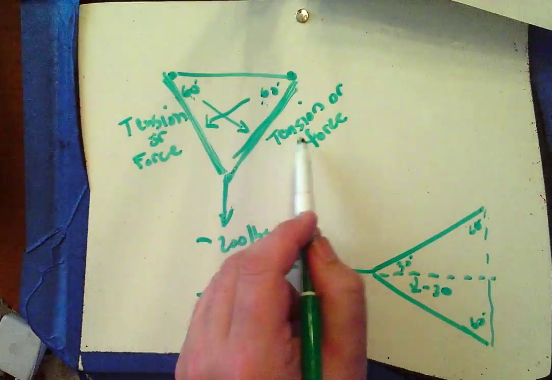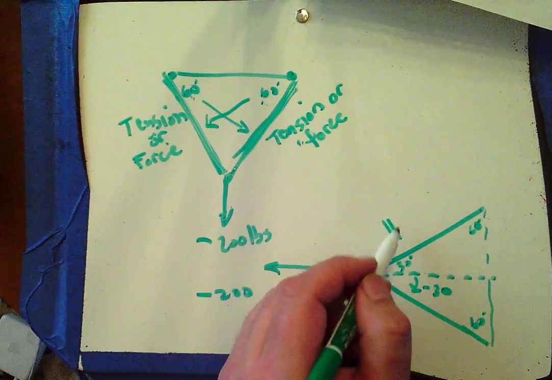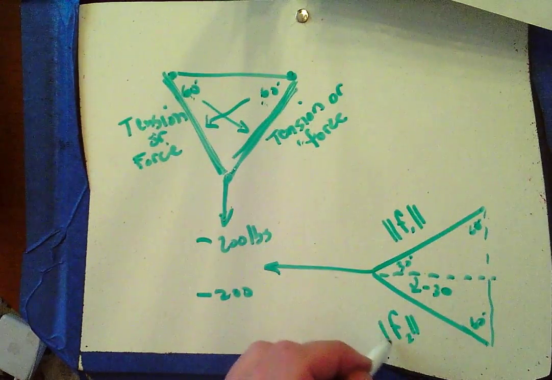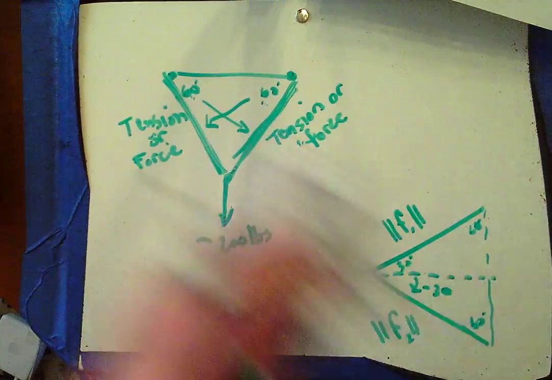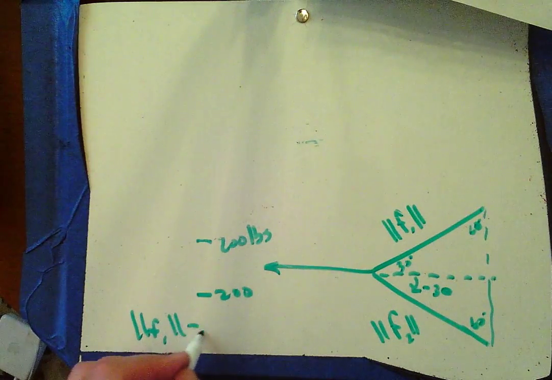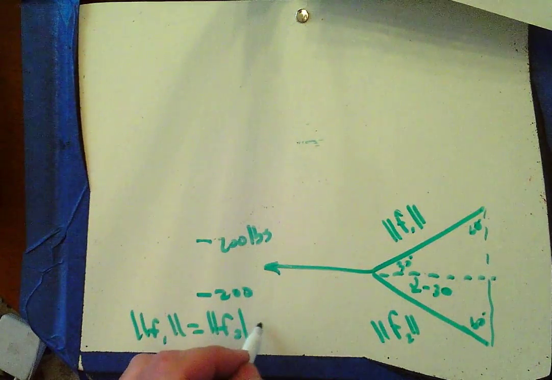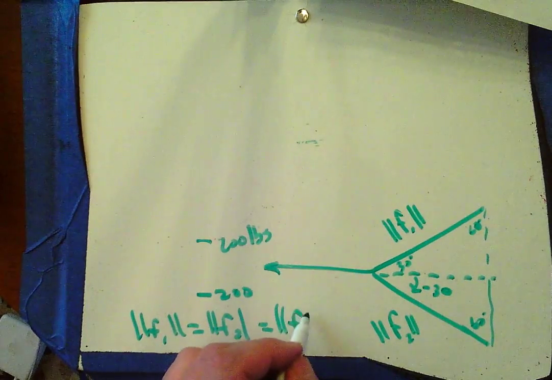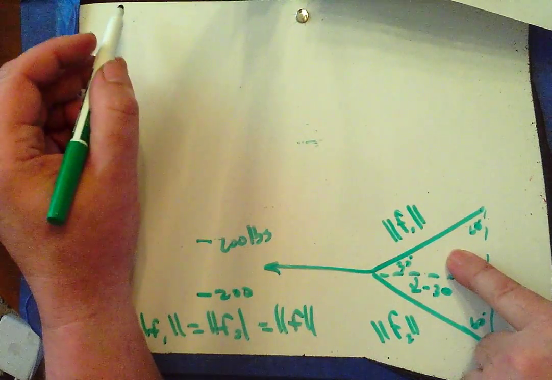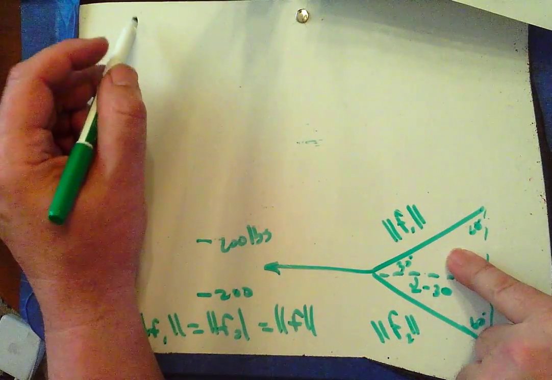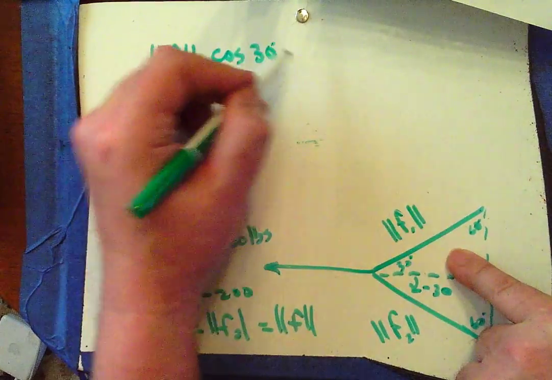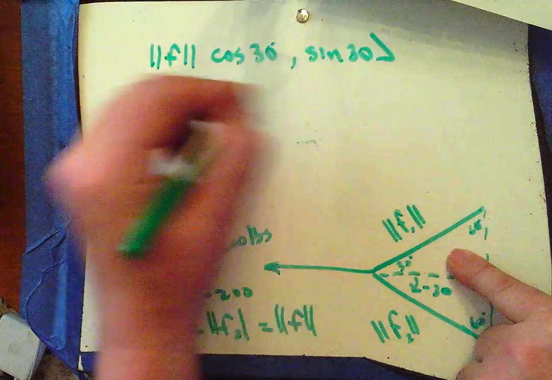Okay, what I determined was these forces would be the same, so the magnitude of F1 and the magnitude of F2 are going to be equal to each other. Since the magnitude of F1 equals the magnitude of F2, I'm just going to write that as the magnitude of the force. Here's what I know. Just like we did in the last two problems, I can describe this vector as the magnitude of F times cosine 30, sine 30.